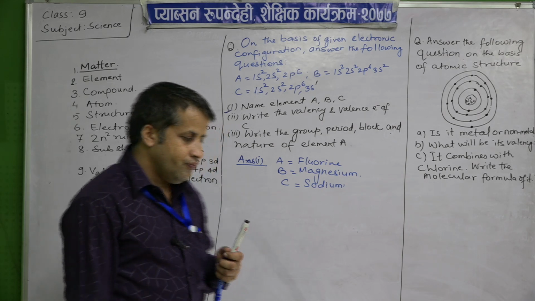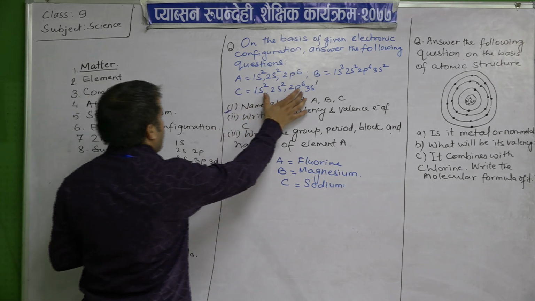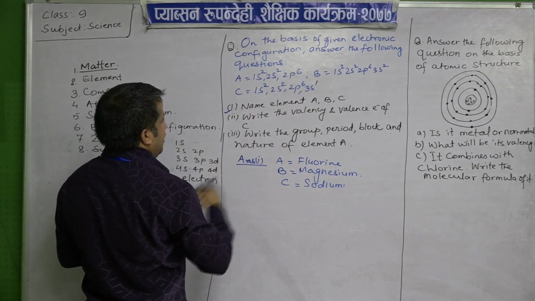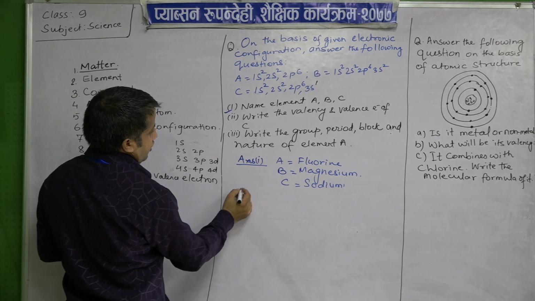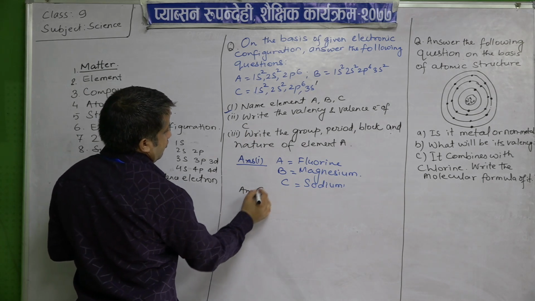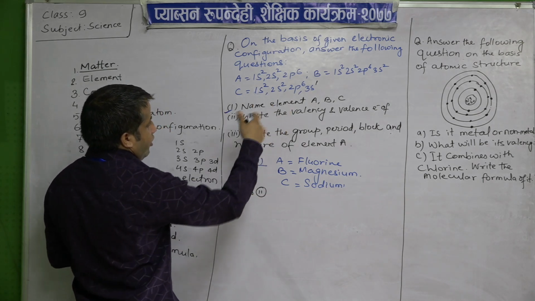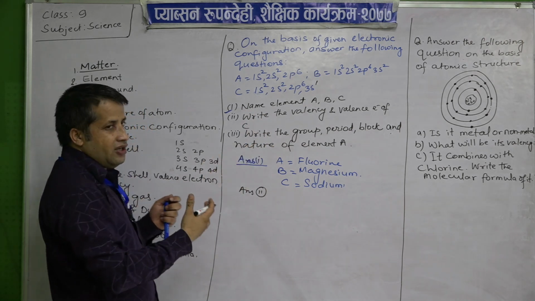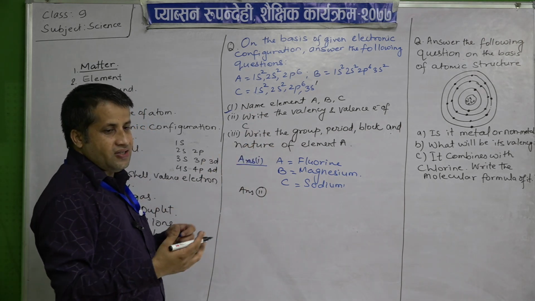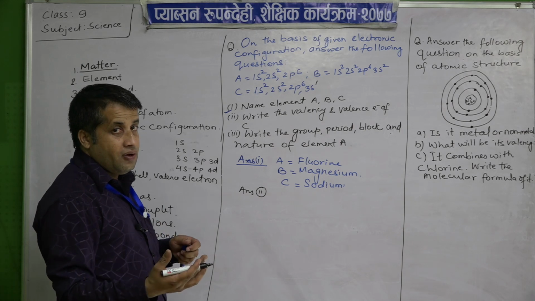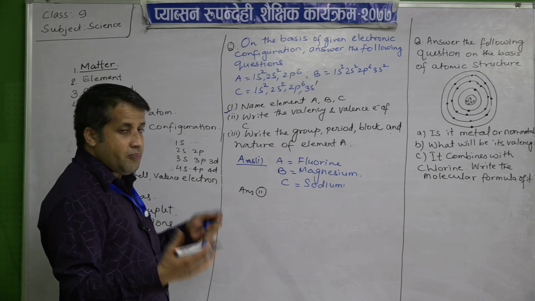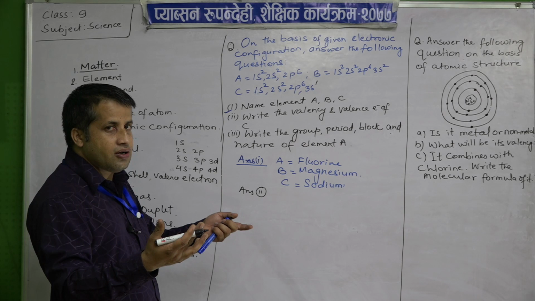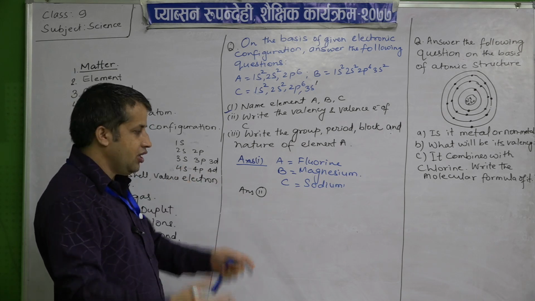It may be difficult at the beginning to know the valency and valence electron with the help of subshell electronic configuration, but you can convert it into shell electronic configuration. After that you can easily write that.